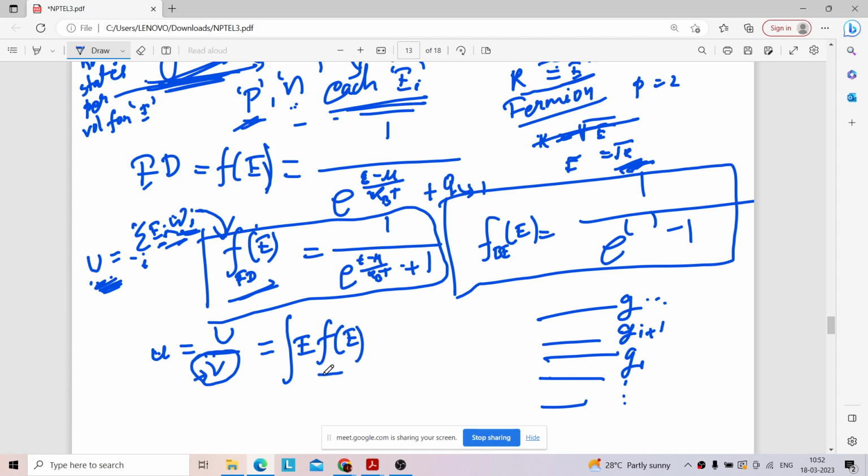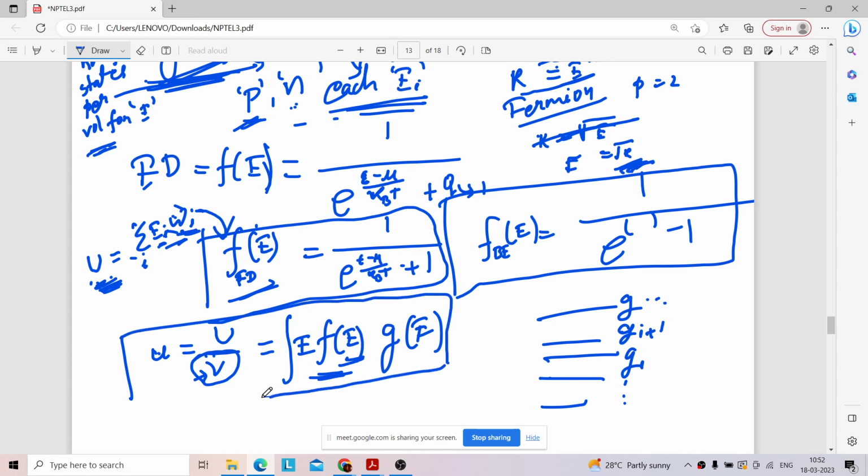This is a distribution for some particles like fermions or bosons. This is a distribution for energy levels. Each energy level now has some density per volume, or degeneracy per volume. Then I have to simply multiply by this factor g(E) here. So this formula will give me the internal energy per volume.